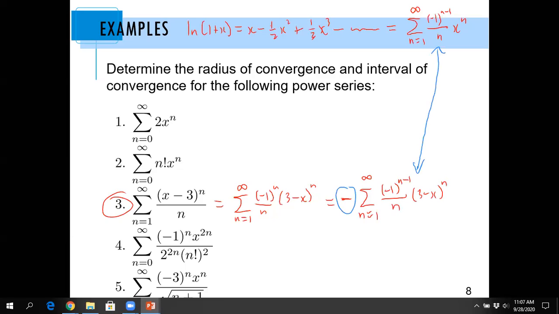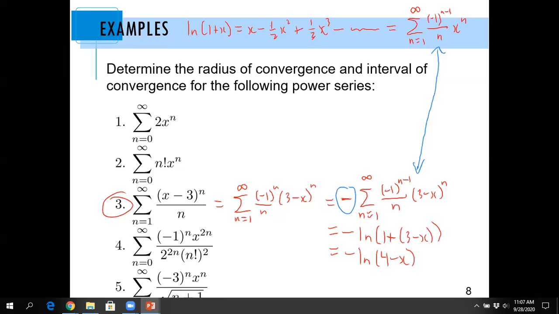So this thing is going to be equal to minus logarithm of what? 1 plus, looks like I've replaced x with what? 3 minus x. Okay? So that's what's going on here. So this thing is minus logarithm of 4 minus x.